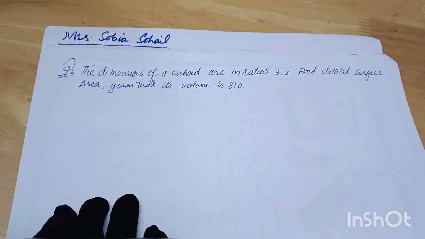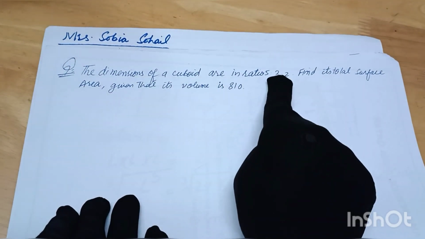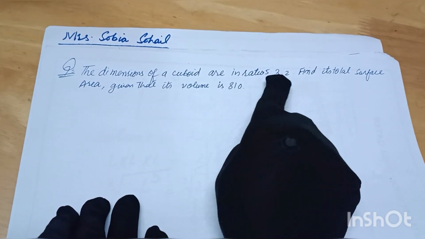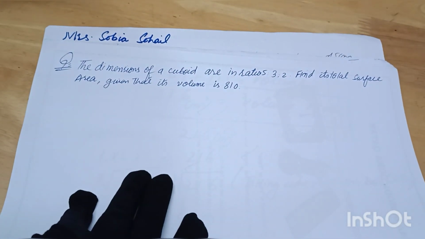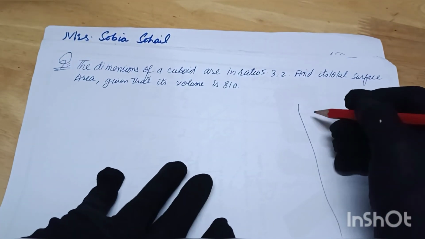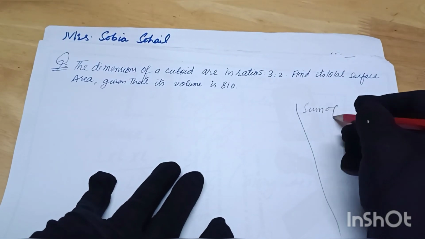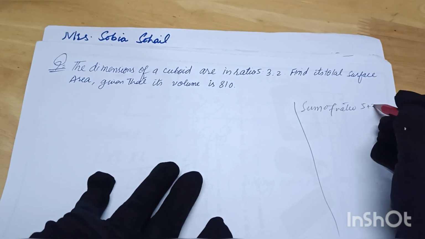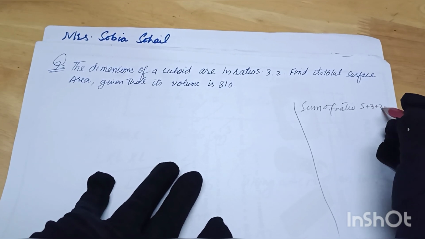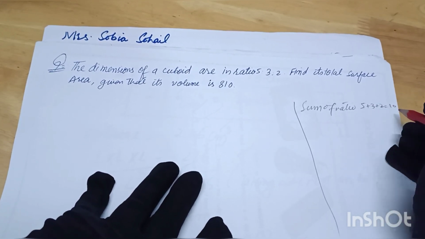So there are two methods, and you can use either one. This is the volume and it is given by that ratio. One method, which we also use in the junior section, is the sum of the ratio: 5 plus 3 plus 2 is 10 parts.